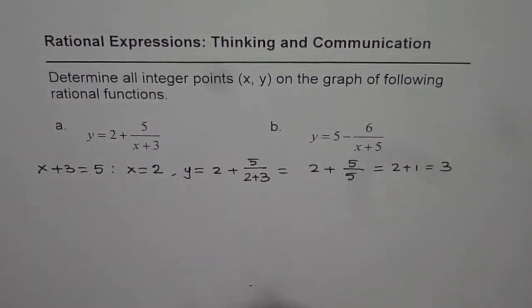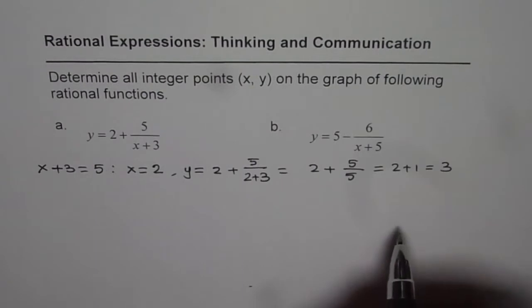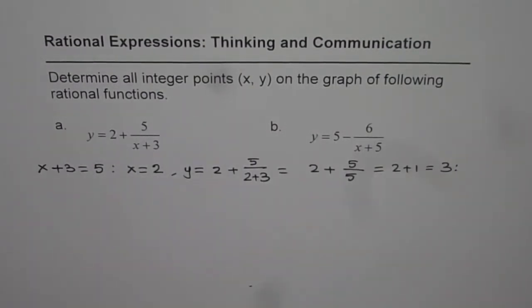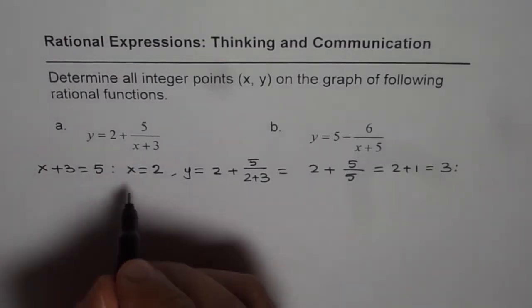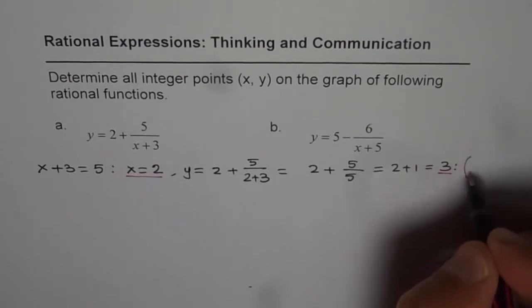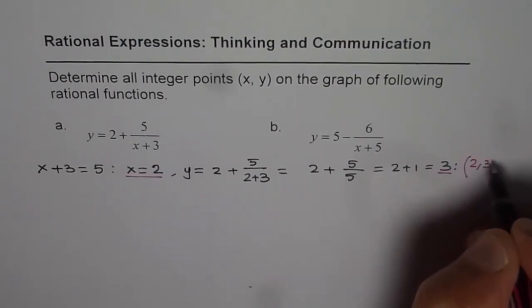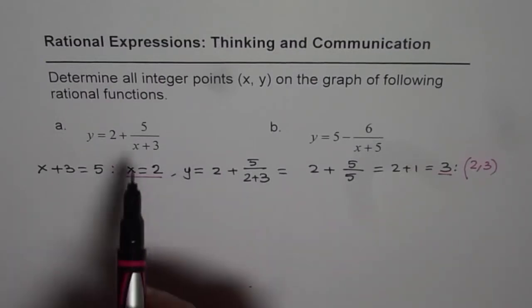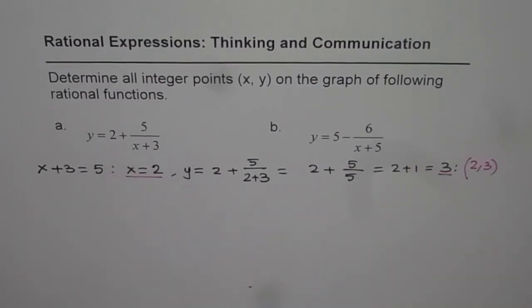Do you see that? With the result, you get a coordinate point. And what is the coordinate point? The x value is 2 and the y value is 3, correct? So you get (2, 3) as your answer. Do you see that? That is how we can find different values of x.